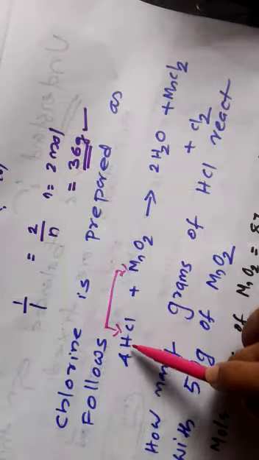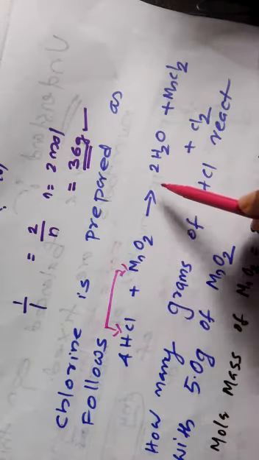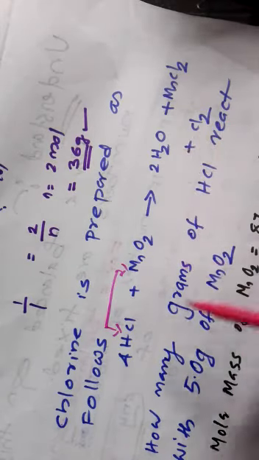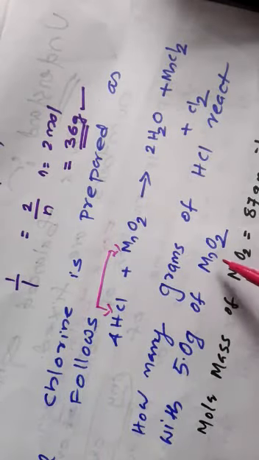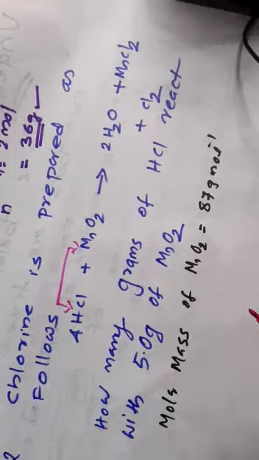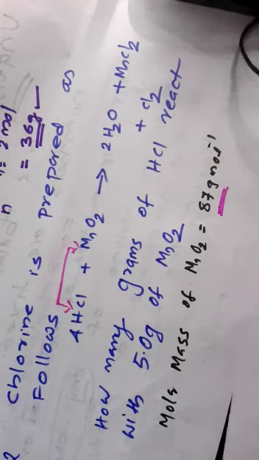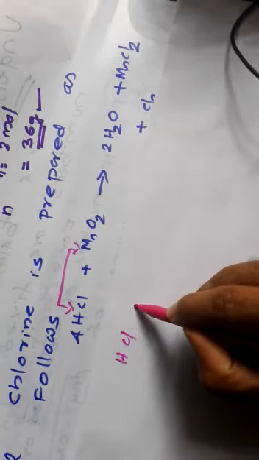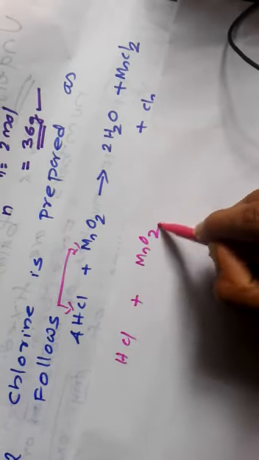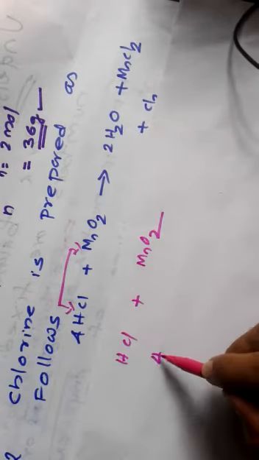Chlorine is prepared as follows: 4HCl plus MnO2 gives 2H2O plus MnCl2 plus Cl2. How many grams of HCl react with 5 gram MnO2? Molar mass of MnO2 is given as 87 gram. Therefore, this is our terms, HCl plus MnO2. This is 4 mole.